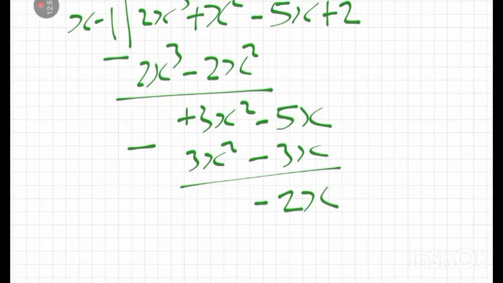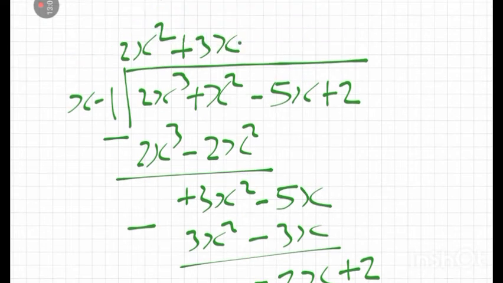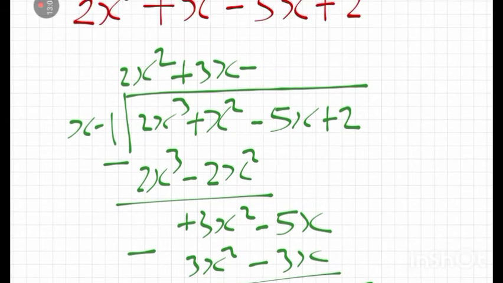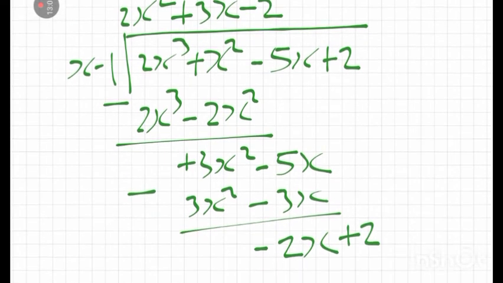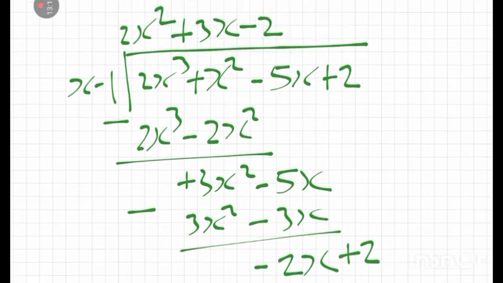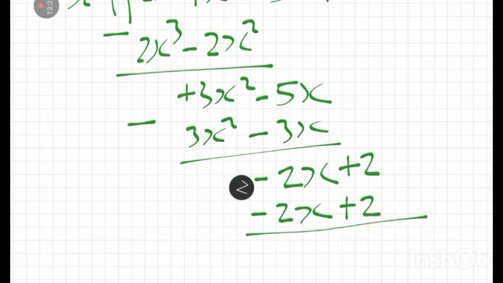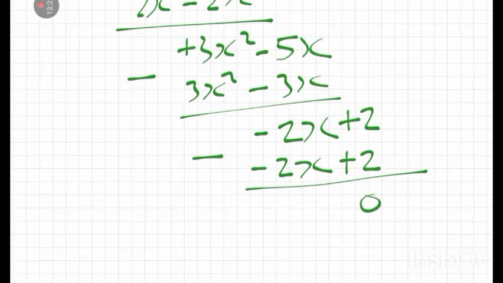Then I will bring down 2. I have plus 2. Now let's divide. x goes into minus 2x, minus 2 times. Minus 2 times x, I also have minus 2x. Then minus 2 times minus 1, then I have plus 2. Now let's subtract. 2 minus 2, 0. Minus 2x minus minus 2x, 0.